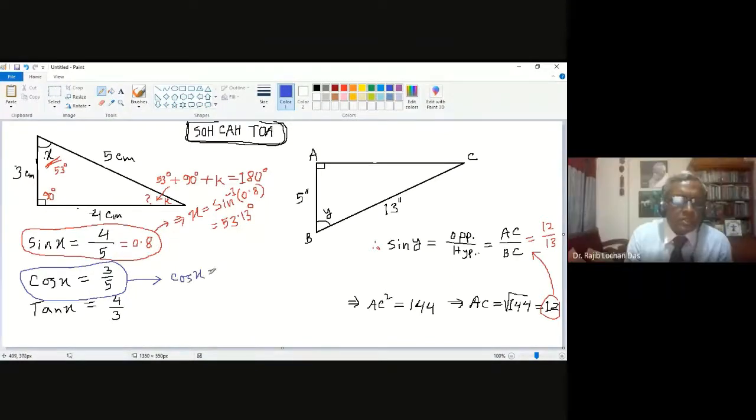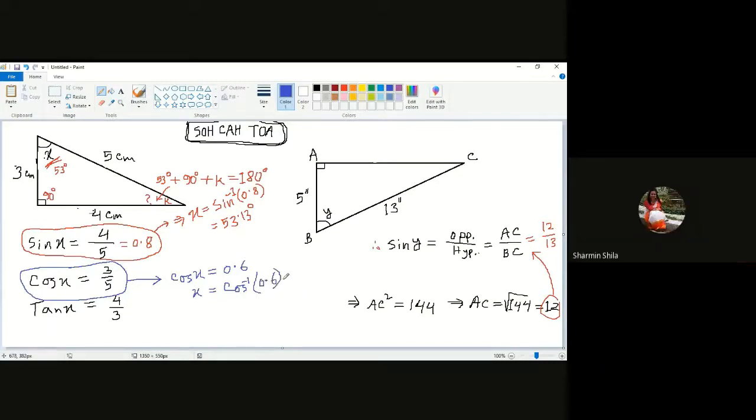So check this. 3 by 5 means 0.6. So x is equal to cos inverse 0.6. What answer are you getting? Sir, same answer, 53.13 degree.